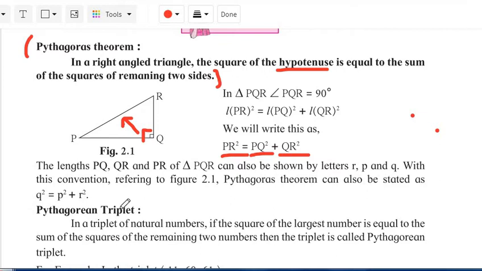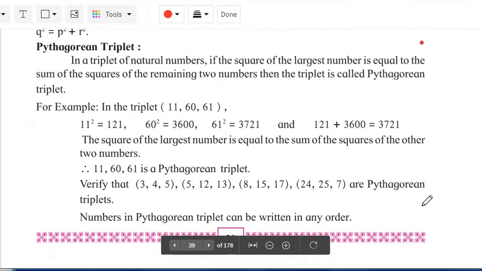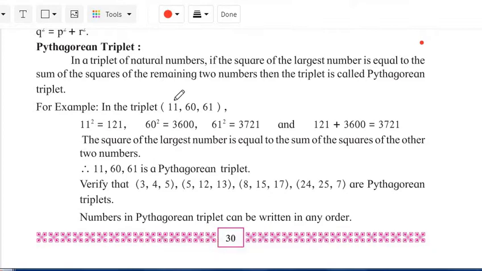Then what is meant by Pythagorean triplet? That I have already explained. Suppose for example given 11, 60, 61. Now which is the greatest side? 61. Therefore we have to square this 61. 61 square is 3721.